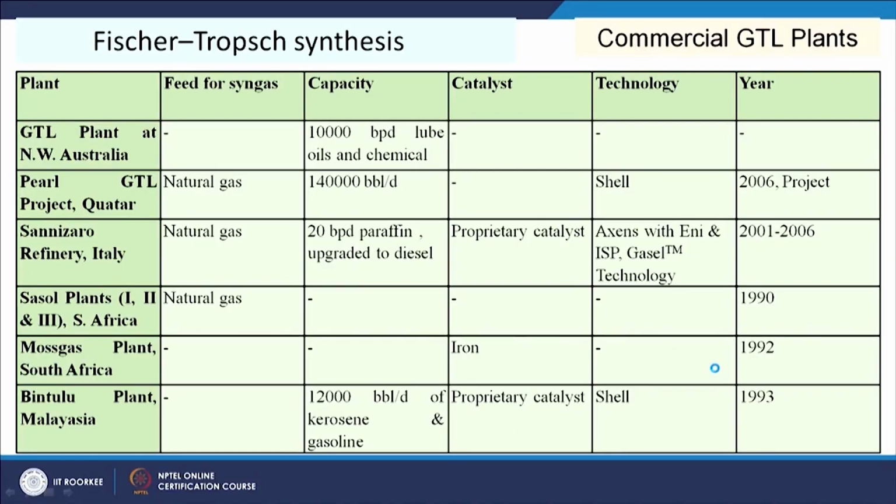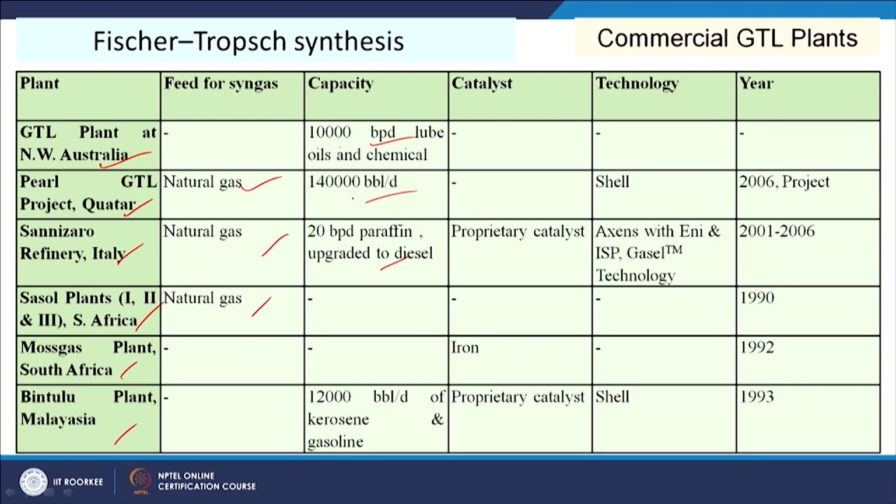Now, we will show some commercial plants available in the world for this liquid fuel production from natural gas. So, one is in Australia, then Qatar, Italy, South Africa and then Malaysia. So, some plants are already available on the basis of natural gas, and these are the capacities.